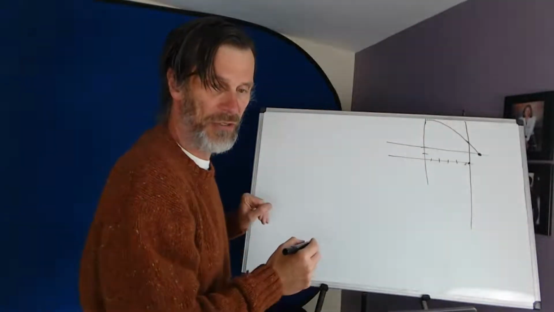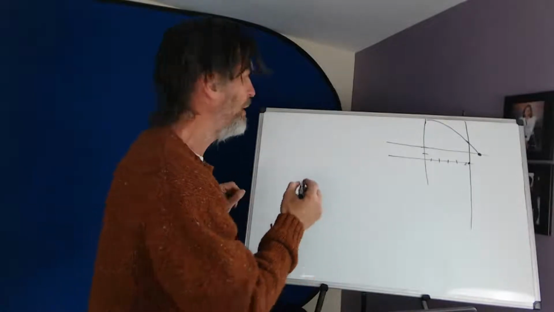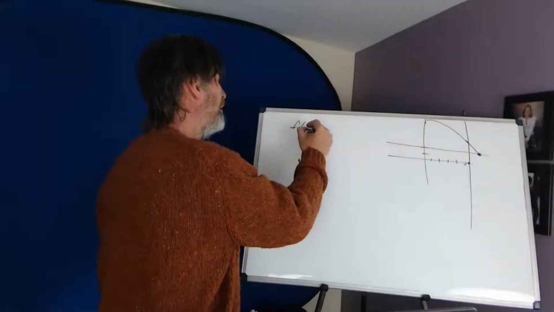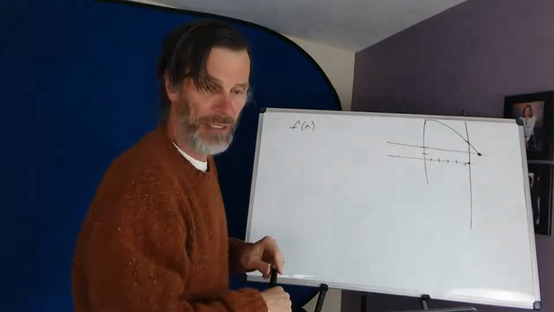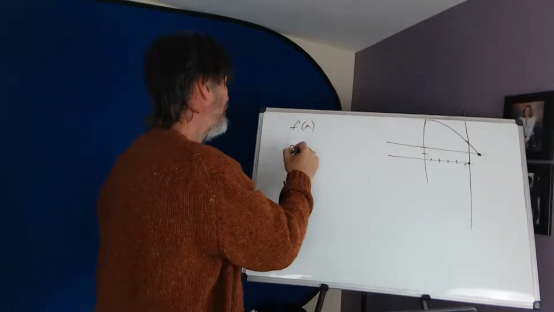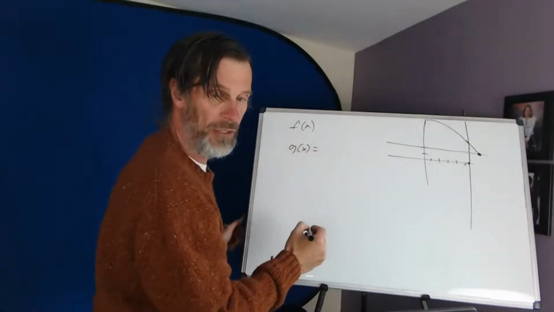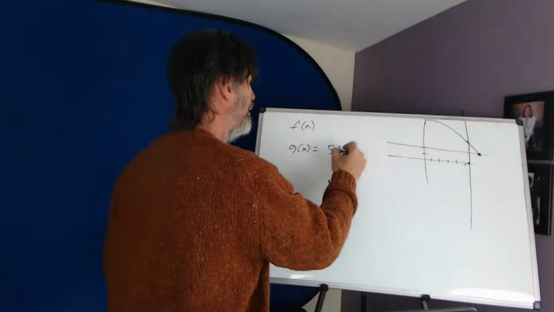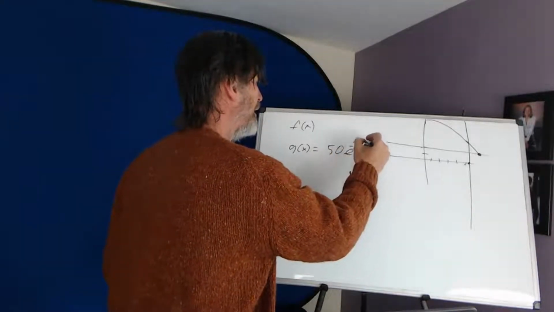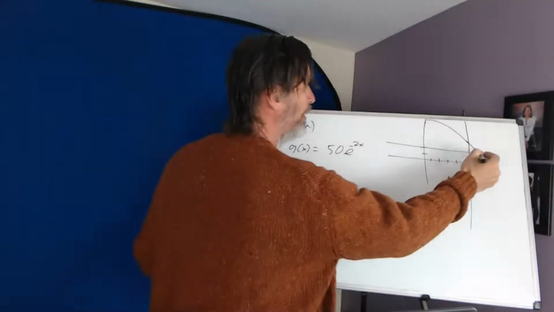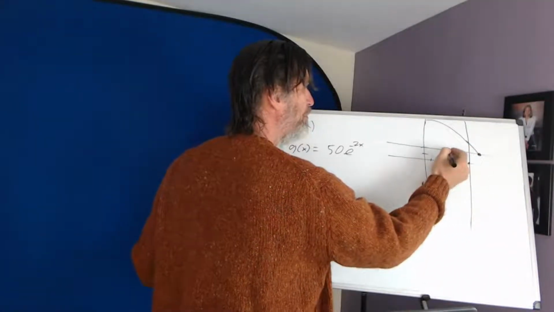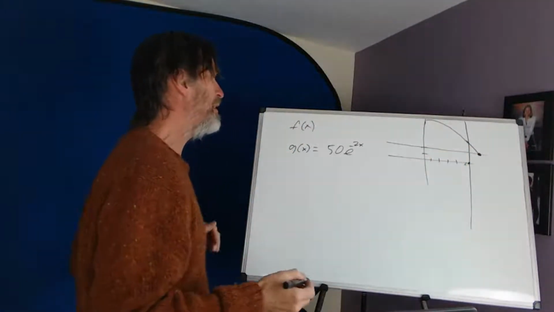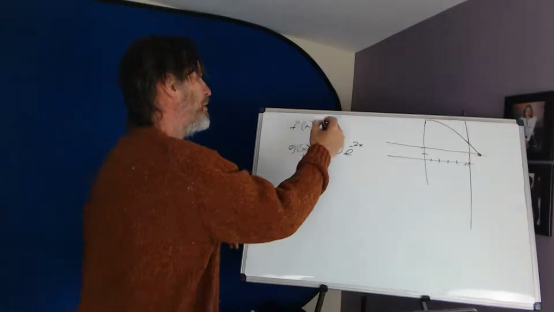These are our two functions of x. Let's see where they cross. f of x is 2, about as boring as you can get. And then the other one is g of x is equal to 50 e to the negative 2x. Now the question is, do they cross after this x equals 5 or do they cross before? That's going to be a big difference to see how those two things go.